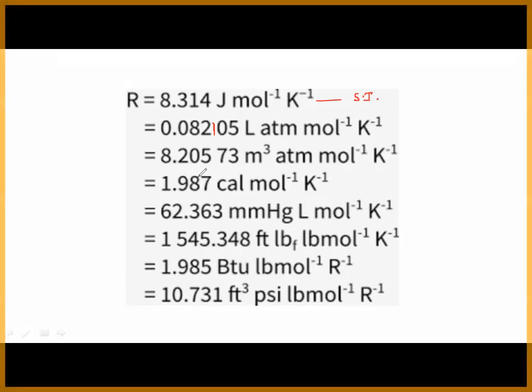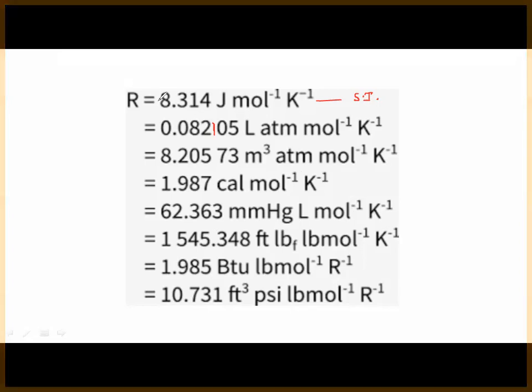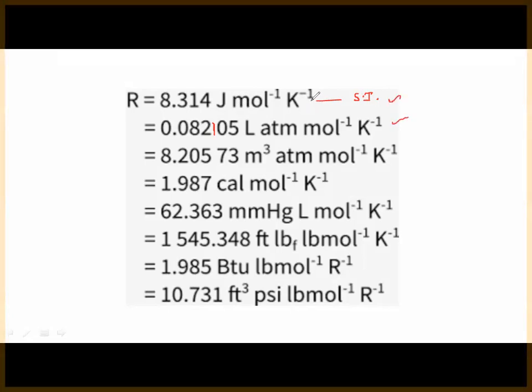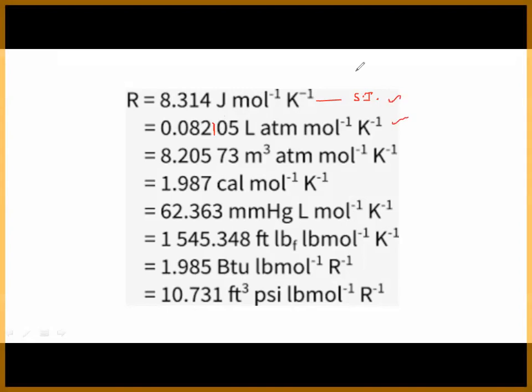In calories, 1.99, that is almost 2. Then millimeter of mercury: 62.363 millimeter of mercury liter per mole per Kelvin. Another value of R in feet units. Based on different units, the R value differs, and it is a constant. We usually use these two values: 8.314 joules per mole per Kelvin and 0.0821 liter atmosphere per mole per Kelvin. Whereas these are the different values.